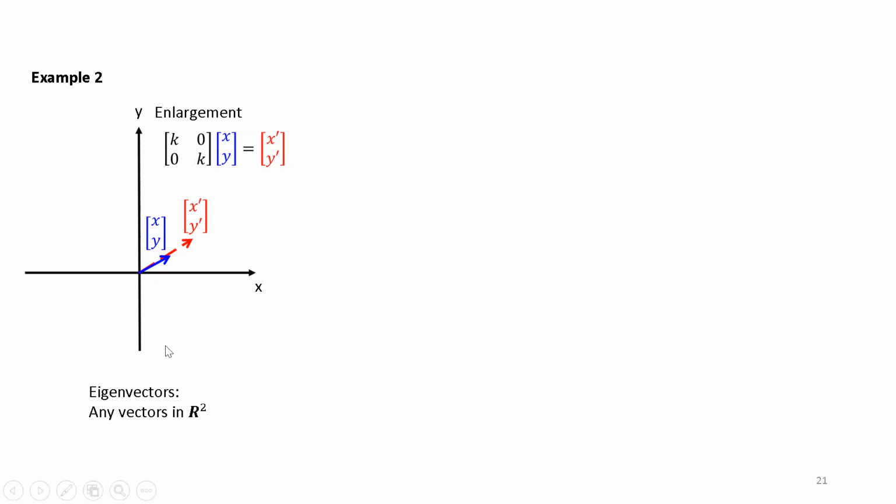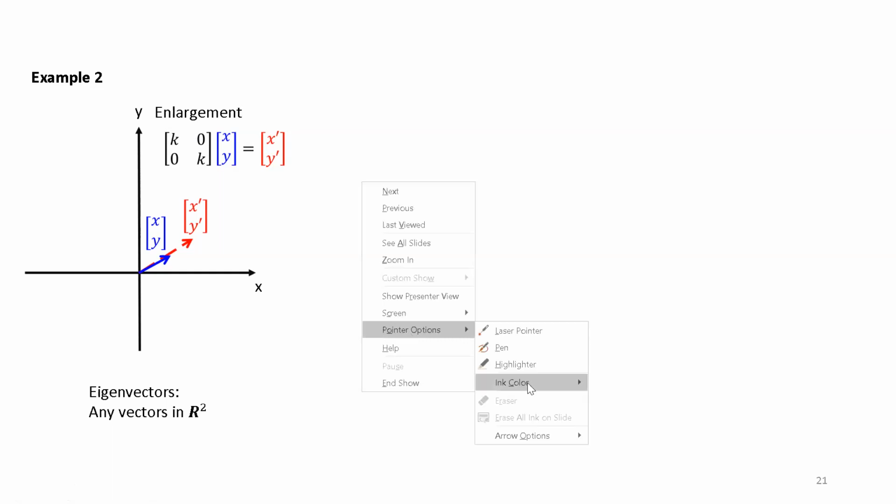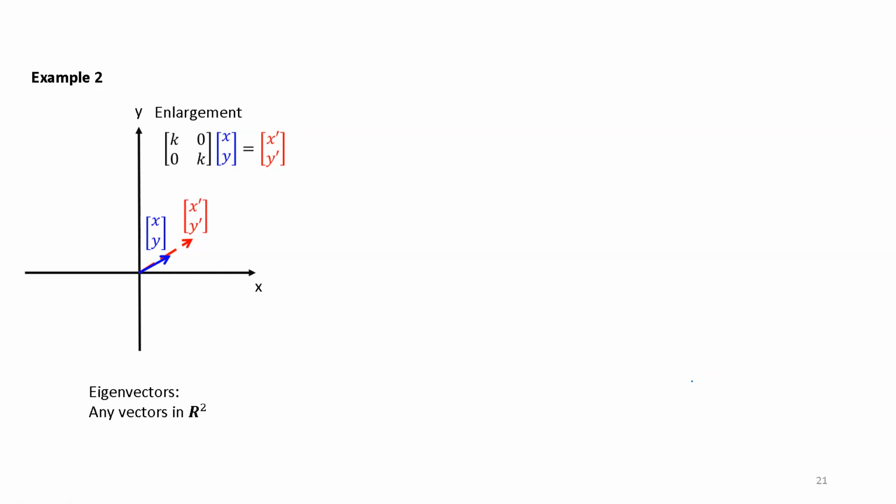So this time you say that any vectors in the xy plane can be eigenvectors of this scaling or enlargement matrix. But again, at the end, you will try to use a set of vectors to represent all of them.